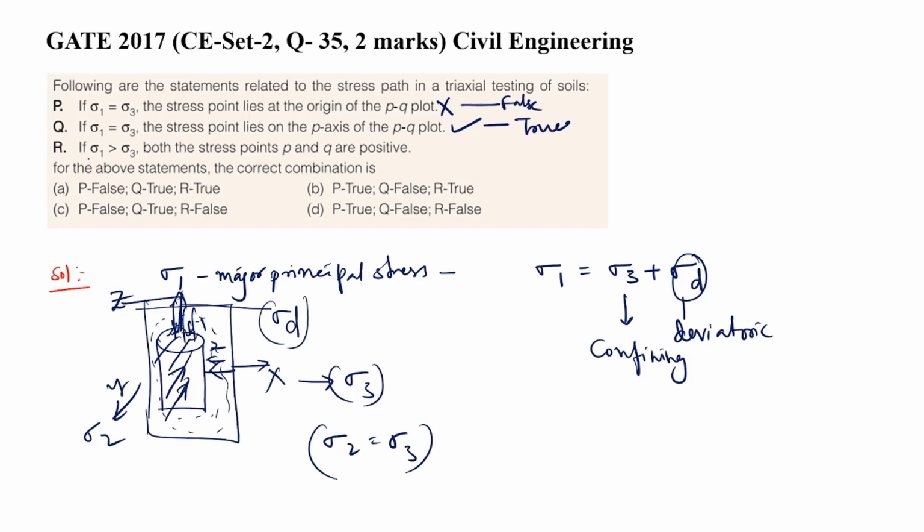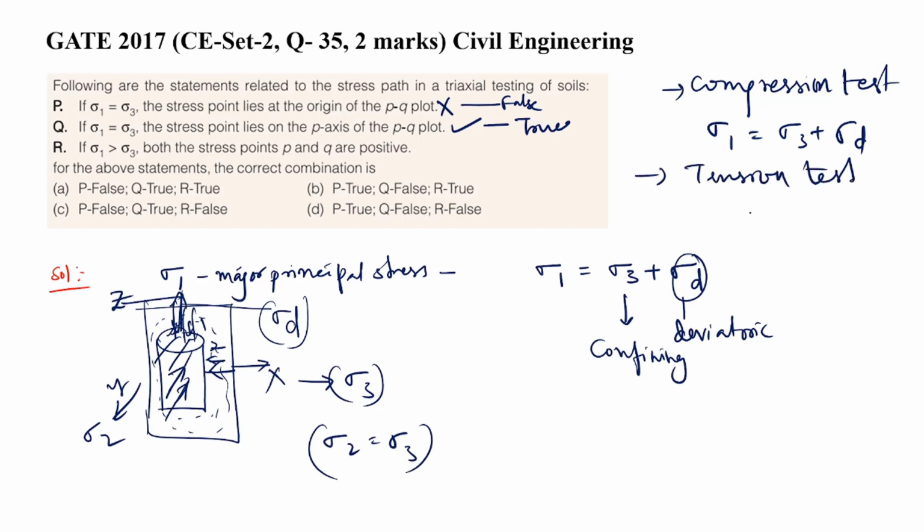And what about the third? If sigma 1 greater than sigma 3, it can be greater than sigma 3. It may also be less, because in a compression test, sigma 1 equals sigma 3 plus sigma d. In a tension test, sigma 1 equals sigma 3 minus sigma d.